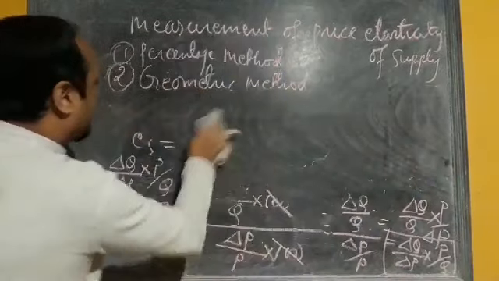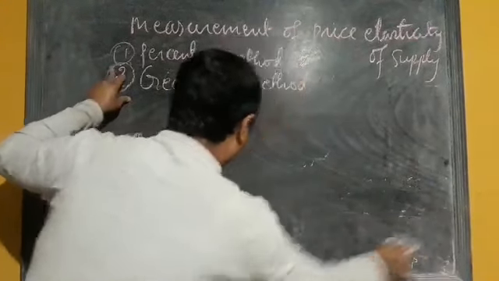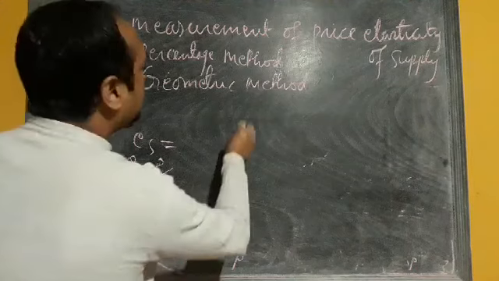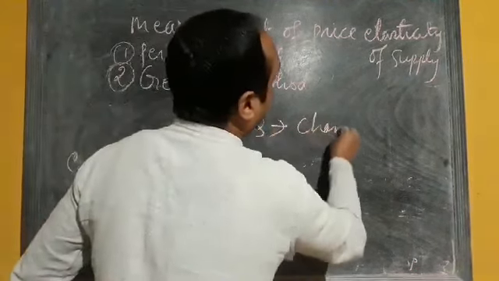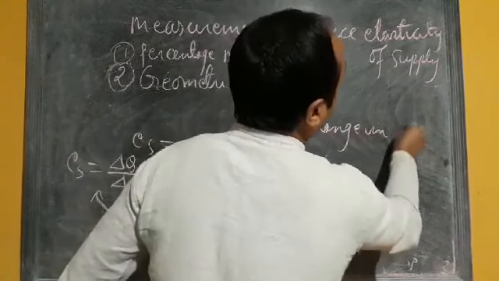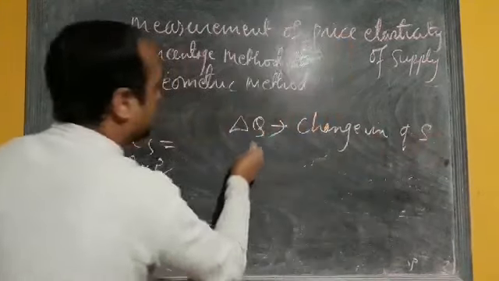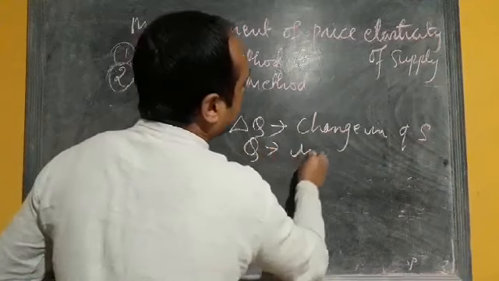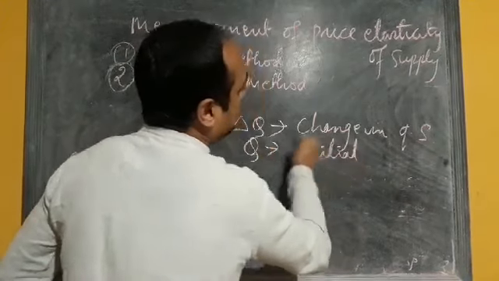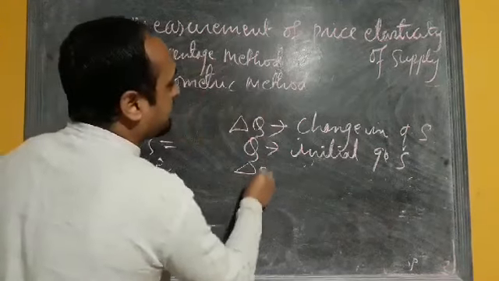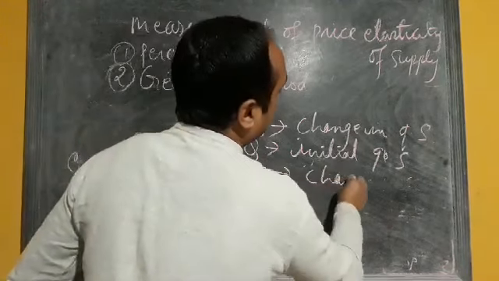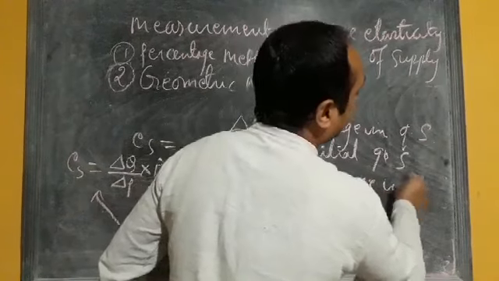Here you have to know the symbols used in this formula. Del Q represents change in quantity supply. Q is the initial quantity supply. Del P is the change in price.